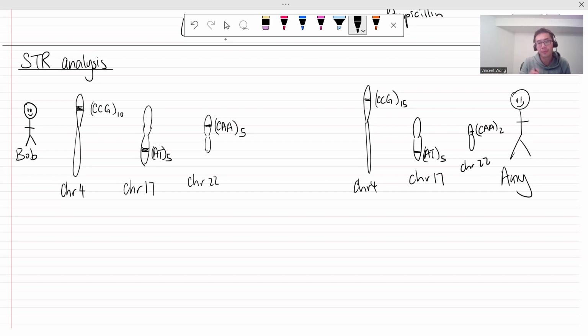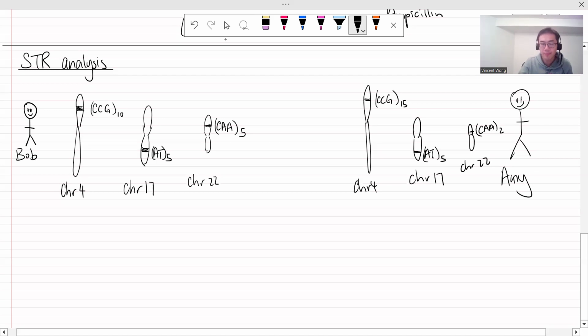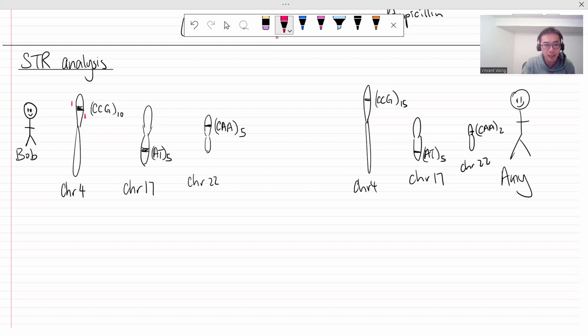Now, try to follow the next part. Because we know where these tandem repeats are located, you can look at them in the genome browser. We've mapped out the whole human genome, so we know where these tandem repeats occur. So for example, for chromosome 4, we want to design primers that would flank the CCG, and we're going to use PCR to amplify it.